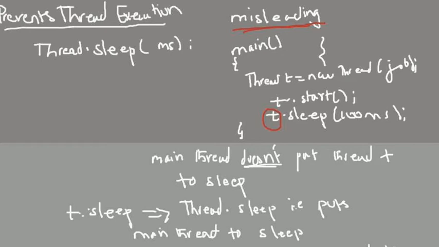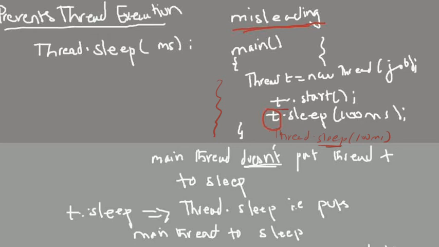Because sleep is a static method, when you do t.sleep(), it would be converted to Thread.sleep(). So you're actually putting the current thread to sleep, but not t. So the main thread would be put to sleep for 100 milliseconds, but not t.